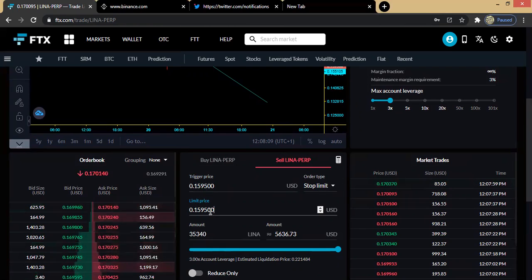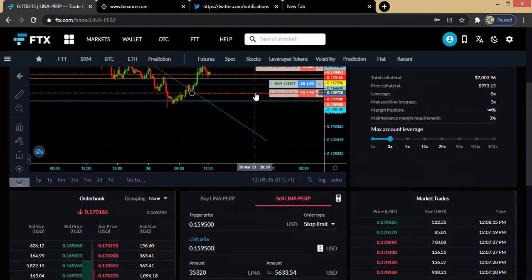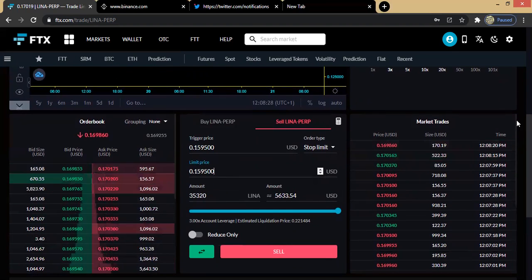Like I said initially, for a sell stop, your trigger price must be higher than your limit price. So this is the price I give. Let's say I say we should short at this 15,950.